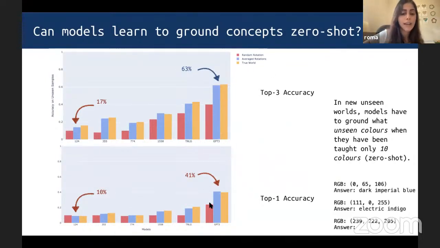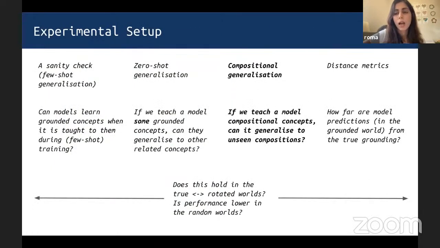And we also see that the random worlds actually make it harder for the models to learn how to generalize, which does seem to hint to the fact that they might actually be learning some sort of information about the relation between concepts in that grounded world.